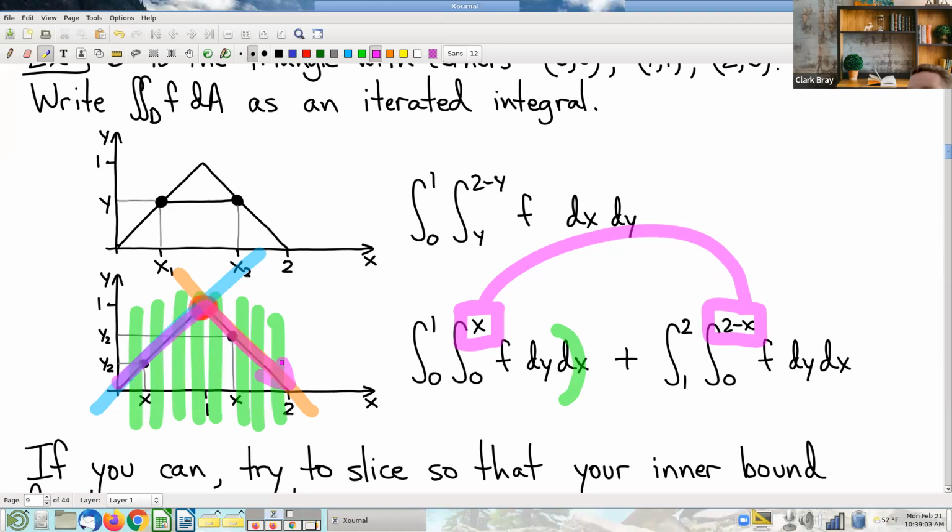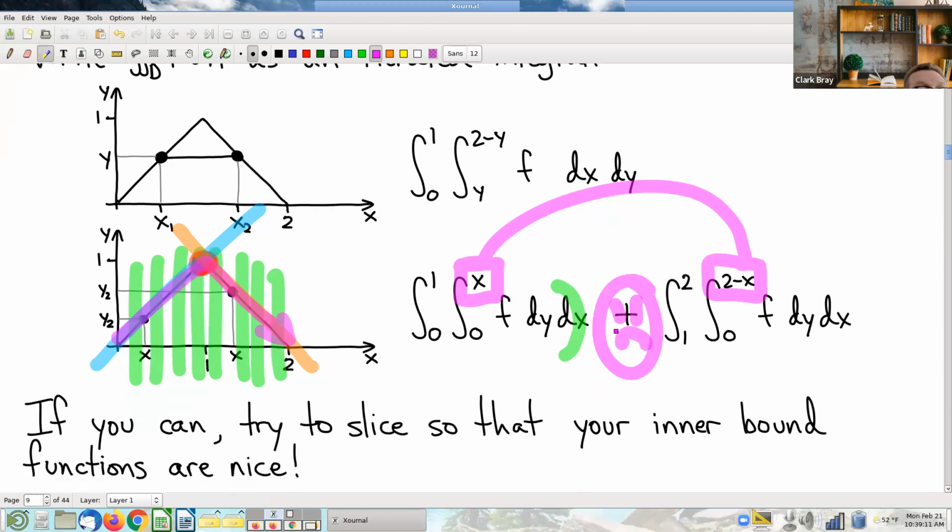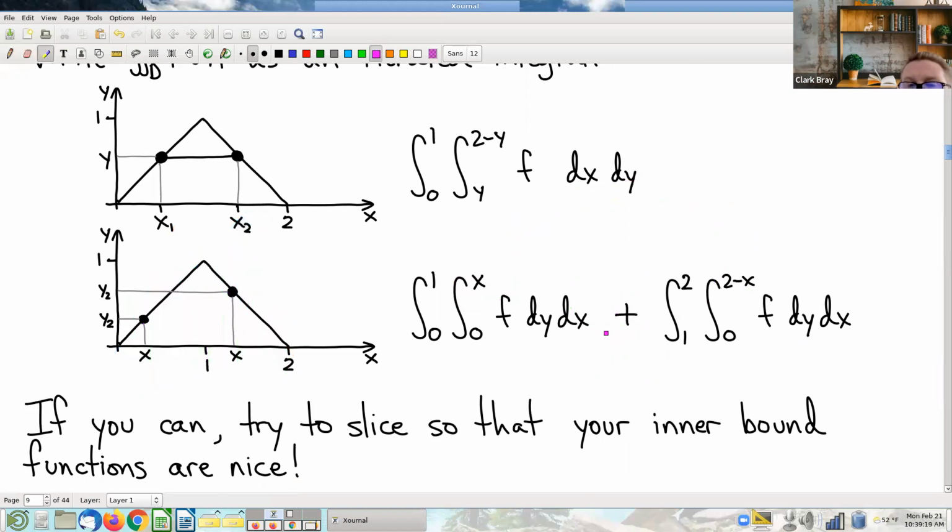And the fact that my upper bound jumped from one curve to the other curve is why I have the summation of two separate integrals in the first place. So, tracing it back to ultimately what's the giveaway that this order of the slicing was a bad choice, I think the giveaway is that X slicing has you slicing through a corner.